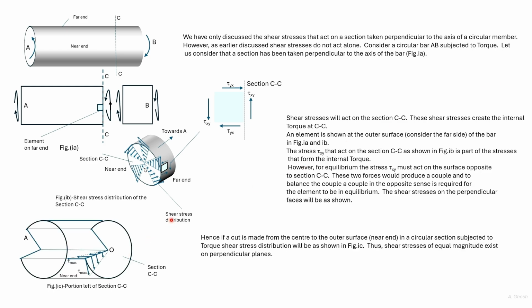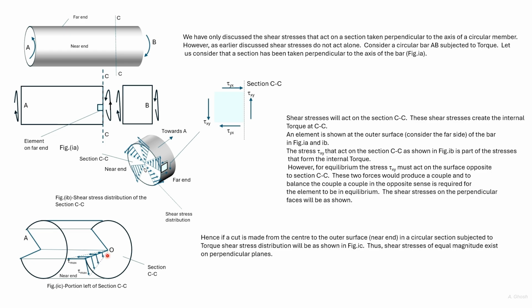Earlier we took an element on the far end. Now between A and CC, we have taken a chunk out in the near end. So here we can see in the near end the shear stresses are acting downwards. Also here we see the shear stresses acting downwards.